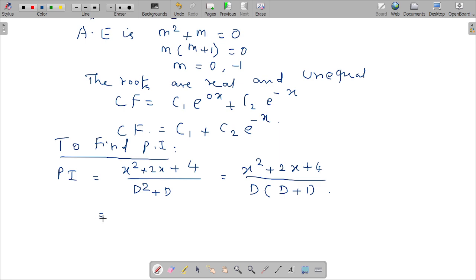We can write that as 1 by D, and the D plus 1 taken to the numerator, that is (1 plus D) power minus 1 into (x square plus 2x plus 4).